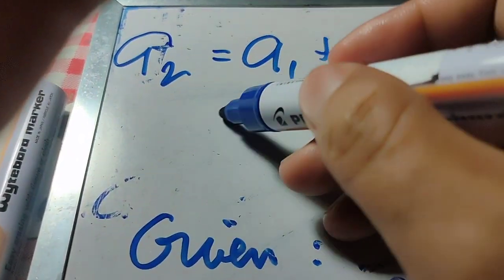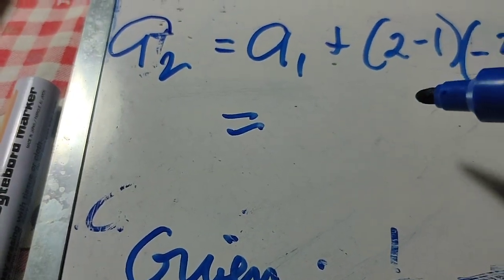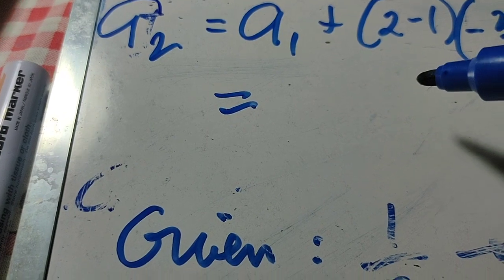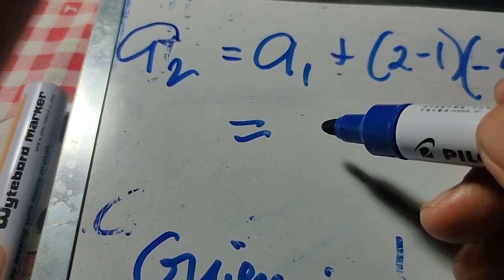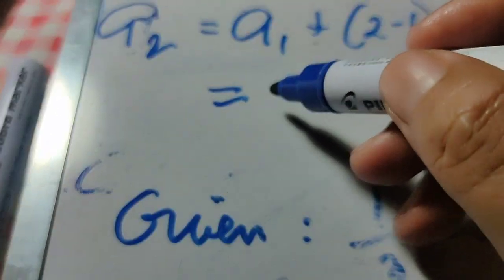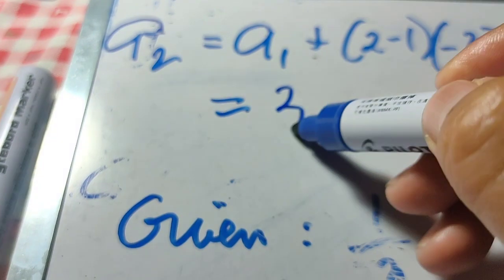Okay, so our a sub 1 in this case is equal to 3. We're going to use 3 because 3 is the reciprocal of the given in the harmonic sequence, which is 1/3.